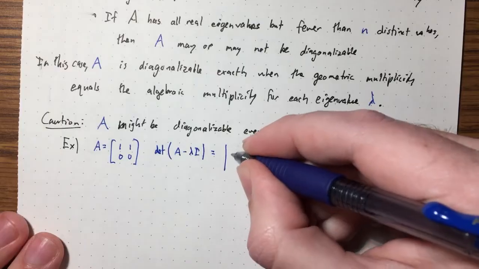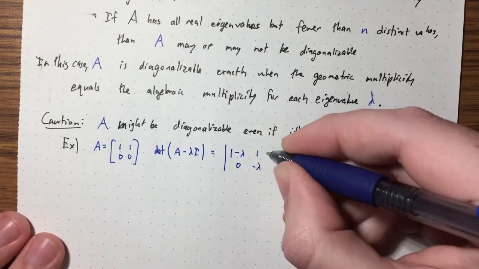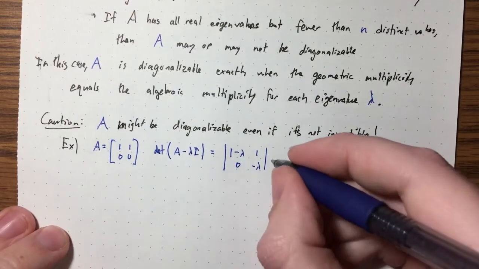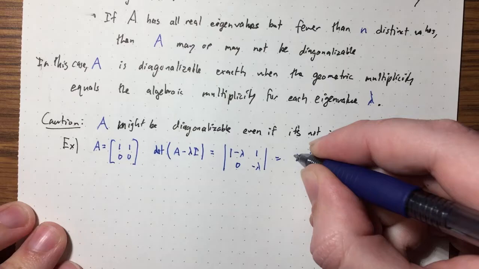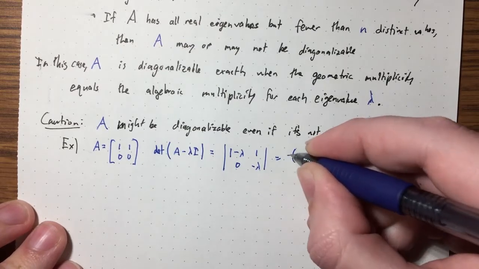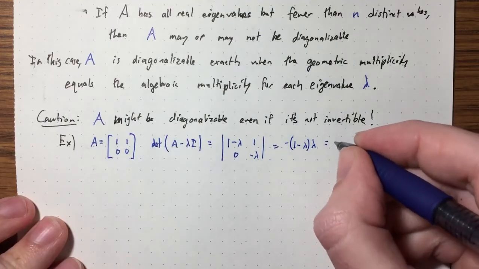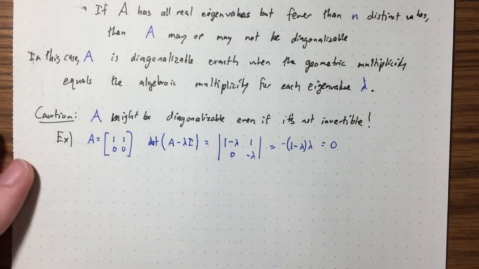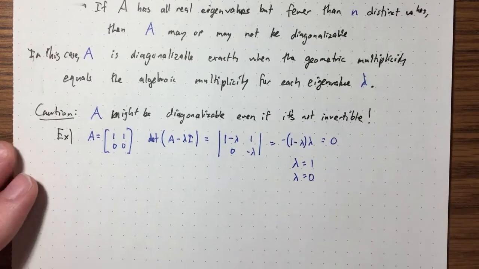That's the determinant of 1 minus lambda, 1, 0, and then 0 minus lambda. That determinant is (1 minus lambda) times (negative lambda), and then minus 0, so that's just 0. And so my eigenvalues are lambda equals 1 and lambda equals 0.